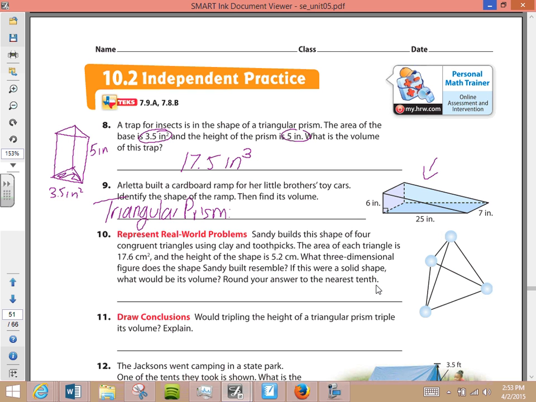And then why is it not a square prism or a rectangular prism? Look at it. Why is it that I can say that is not a rectangular prism?